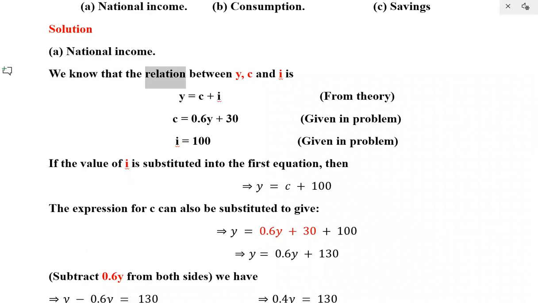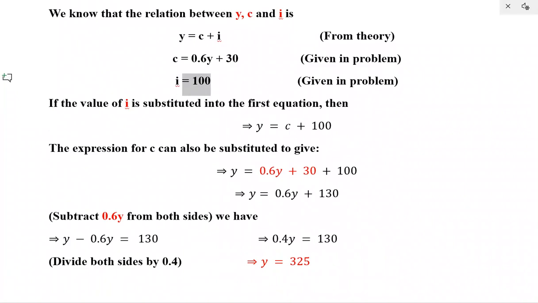Solution. A. National income. We know that the relation between Y, C, and I is Y equals C plus I, from theory. C equals 0.6Y plus 30, given in the problem. I equals 100, given in the problem. If the value of I is substituted into the first equation, then Y equals C plus 100.